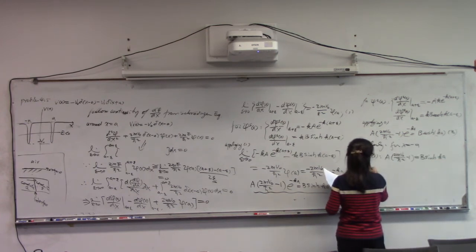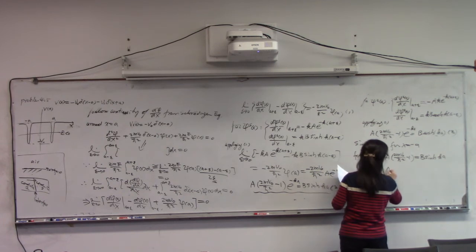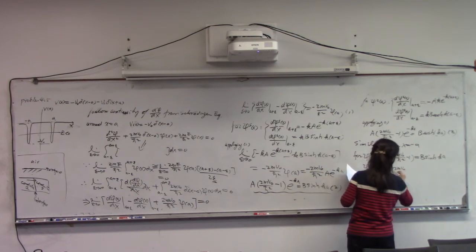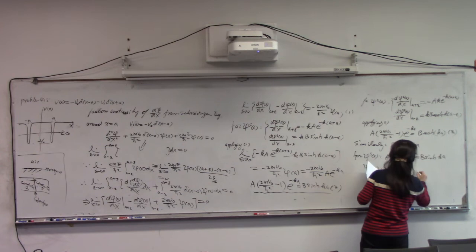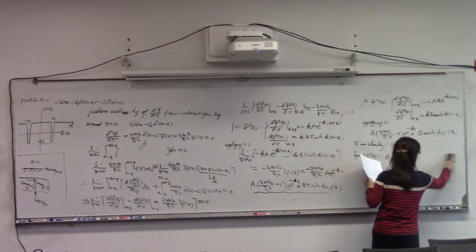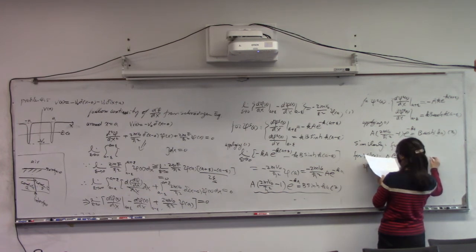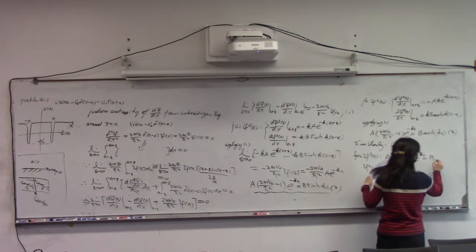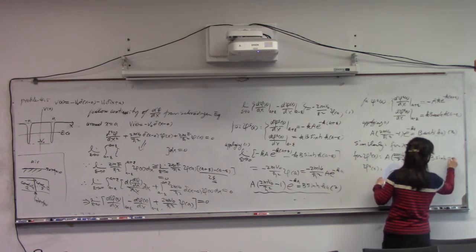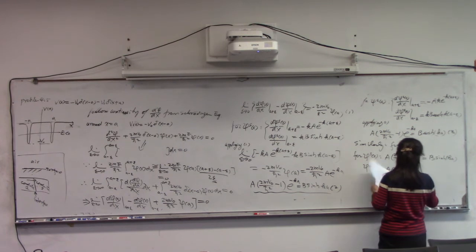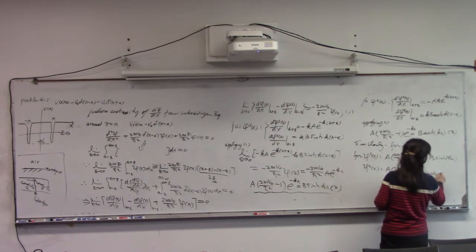And for the anti-symmetry, we have a to mv naught plus 1 minus 1. Sorry, exponential term equal to b hyperbolic sine ka is equal to b hyperbolic cosine ka.